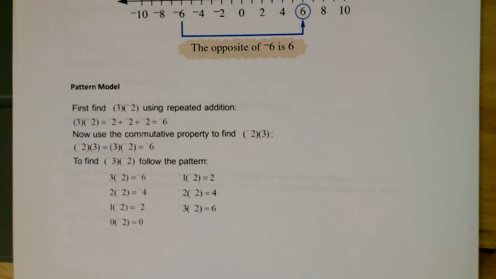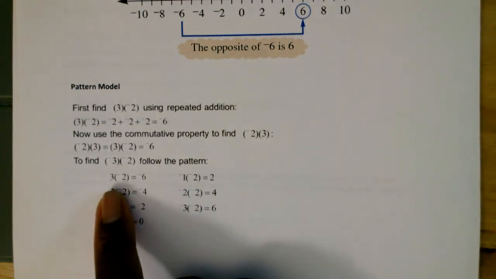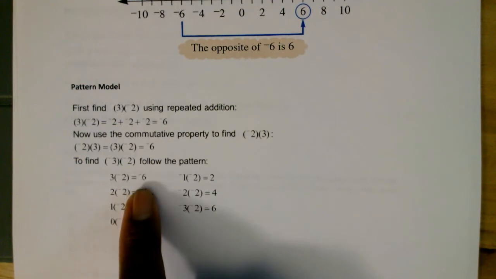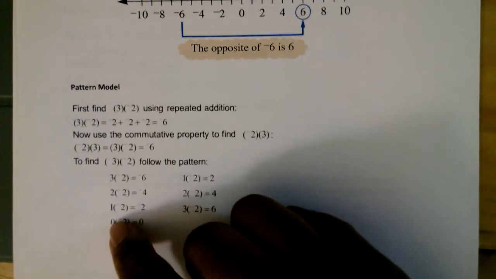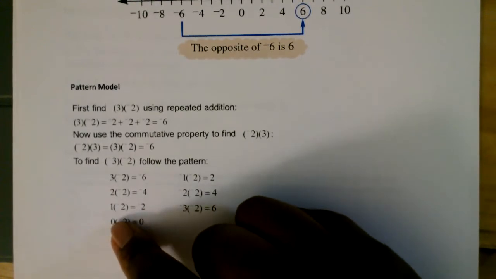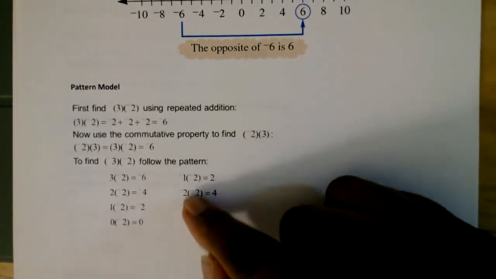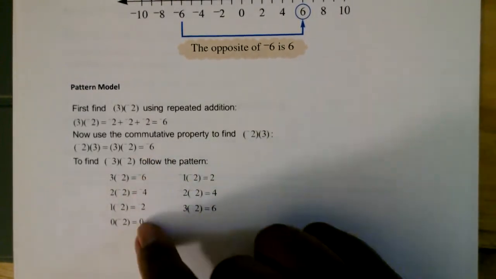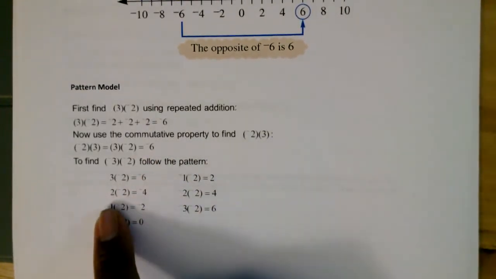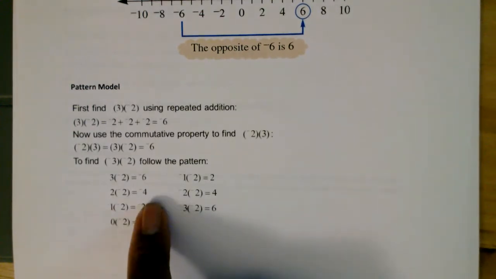And now to find -3 times -2, we can find a pattern. Starting with 3 times -2, that would be -6. Now here we're decreasing the first factor by 1, as you can see. And then you'll see the pattern here. Down to 2 times -2, that'd be -4.